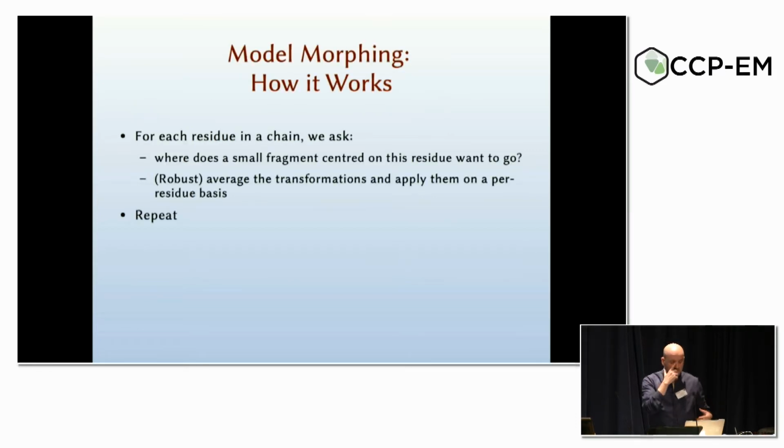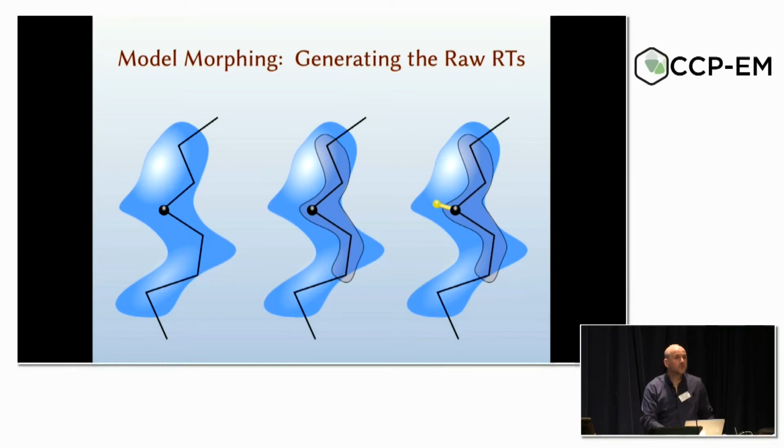So for each residue in the chain, this is a description of model morphing. We ask, where does this one want to go, and how can we combine that with where its neighbors want to go? So for a particular residue, we do a residue selection, up and downstream two residues, and ask, where does a fragment that looks like this want to go if we were to refine it in the map? And we get out of that a rotation translation operator.